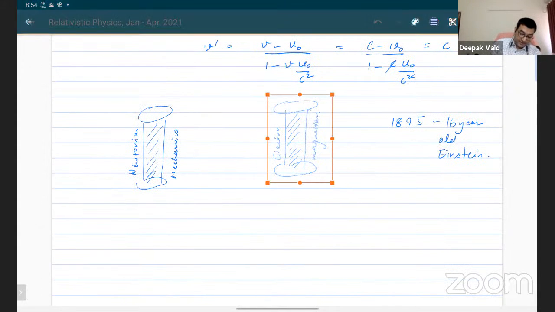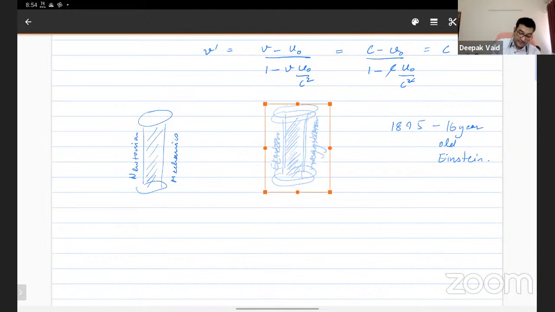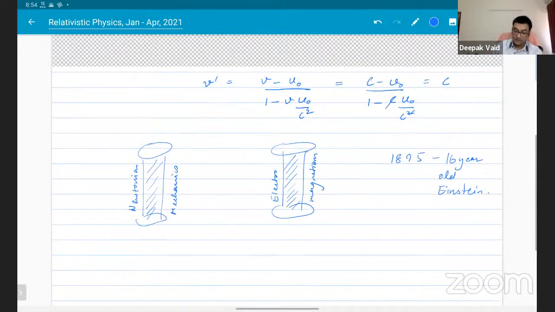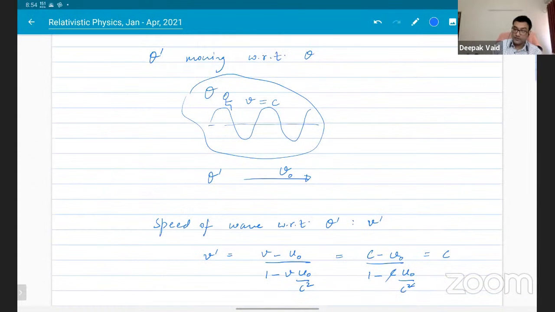So this led him to think that there is some problem somewhere, right? And the problem was with the Newtonian intuition. What was the Newtonian intuition? It was that if you were traveling with the wave, the velocity of the wave would be zero, right?